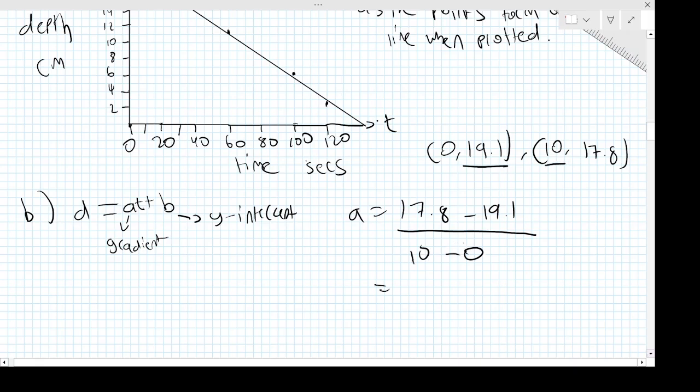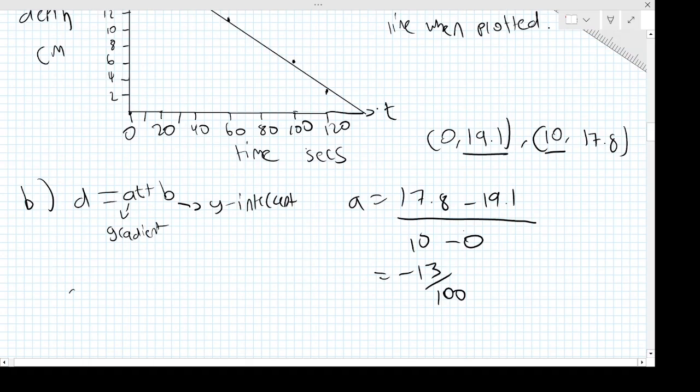And so that would give me, if I put that in a calculator, minus 13 over 100. Okay, cool. So we can then fill in our equation. So A is minus 13 over 100, t, sorry, plus b. Now we need to find b then.